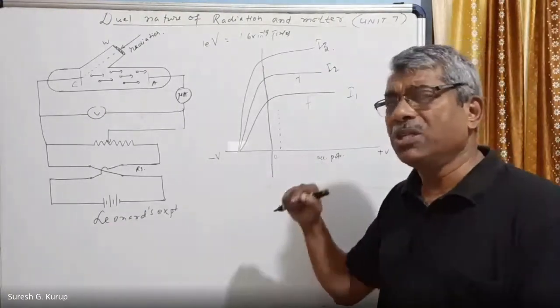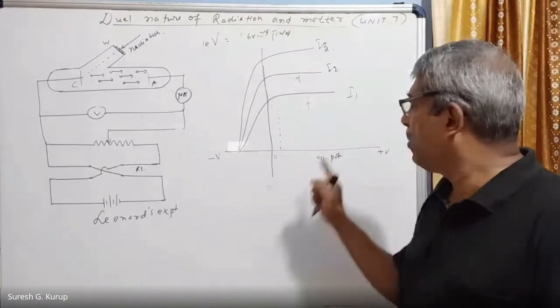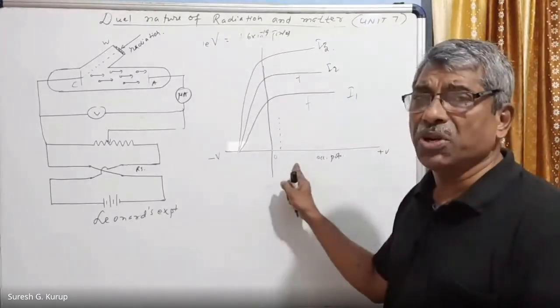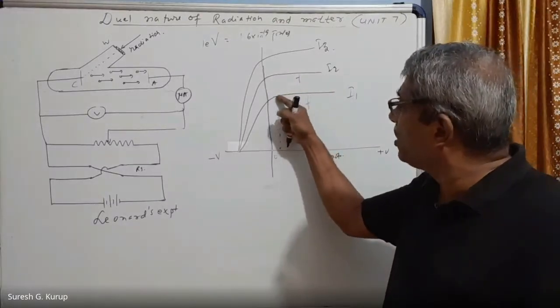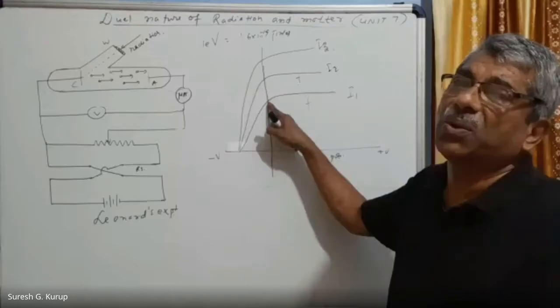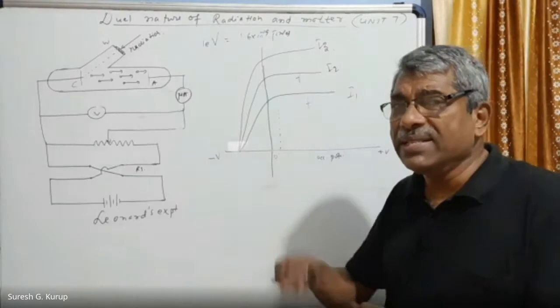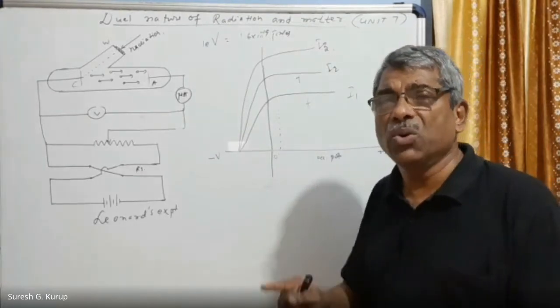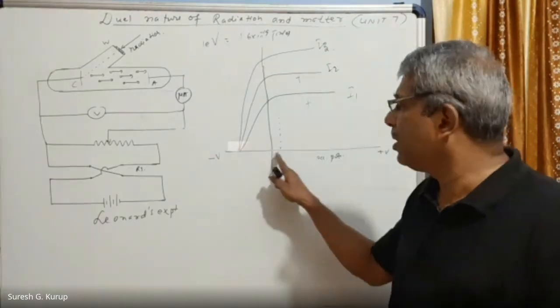So from this section, what do you understand? From this experiment, we understand that when the accelerating potential decreases, the photoelectric current goes on decreasing, but it does not become equal to zero. Decreases means the number of photoelectrons reaching the anode plate goes on decreasing, but it does not become zero when the potential is equal to zero.